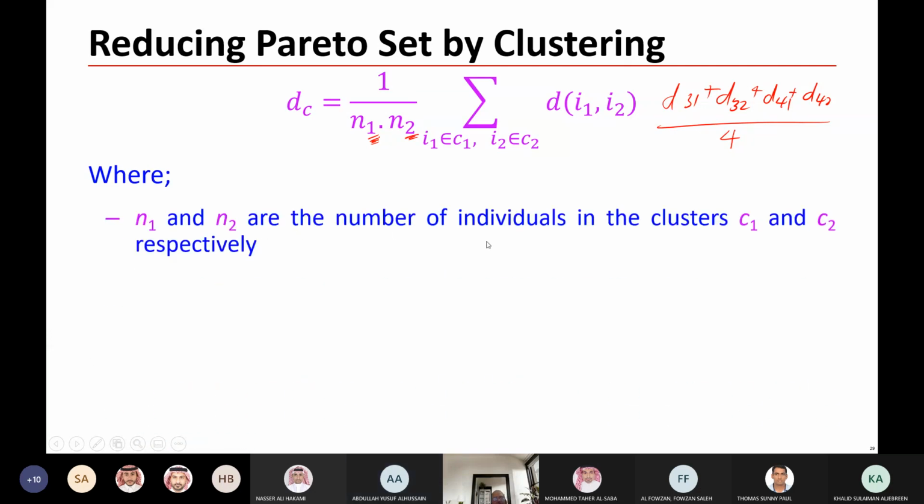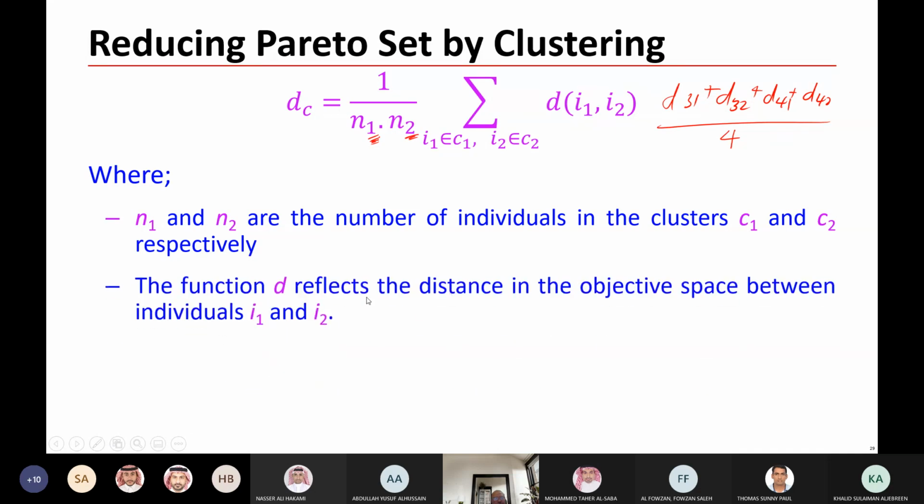So N1 and N2 are the number of individuals in the clusters C1 and C2. And the function D reflects the distance in the objective space between individuals 1 and 2. So this is the distance in objective space. That is, solution 1 has objectives J1 and J2, and solution 2 has objectives J1 and J2. So you can get the distance.